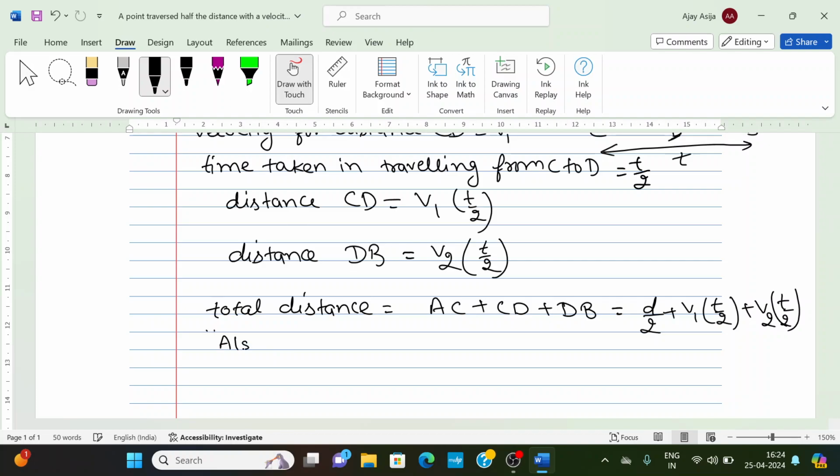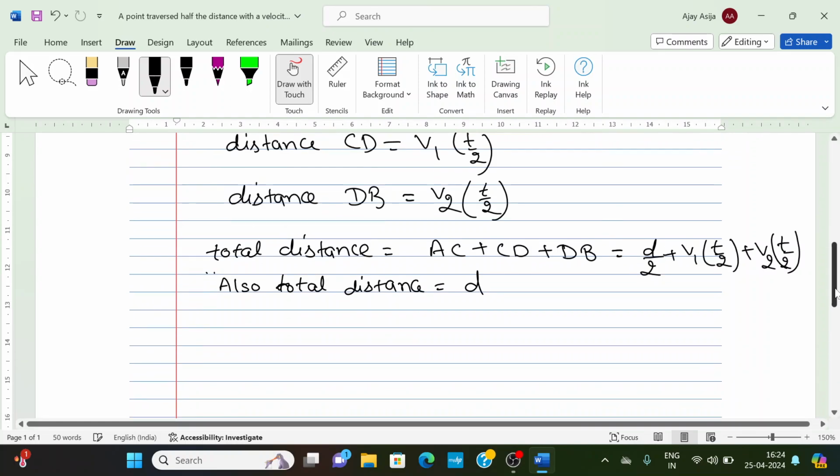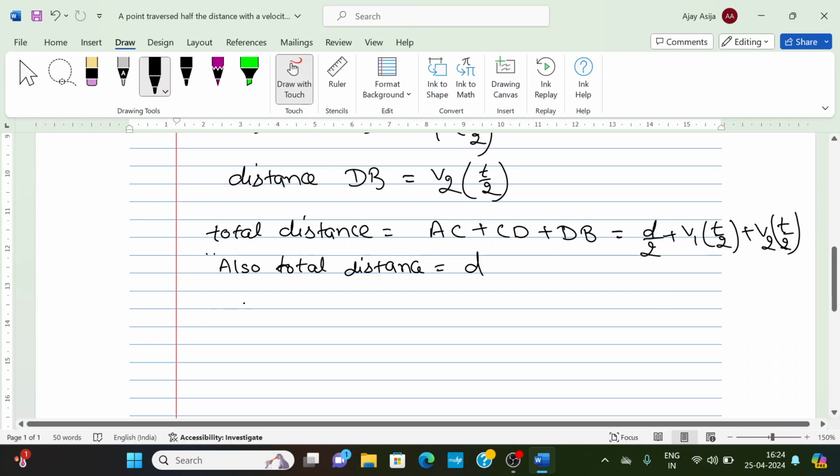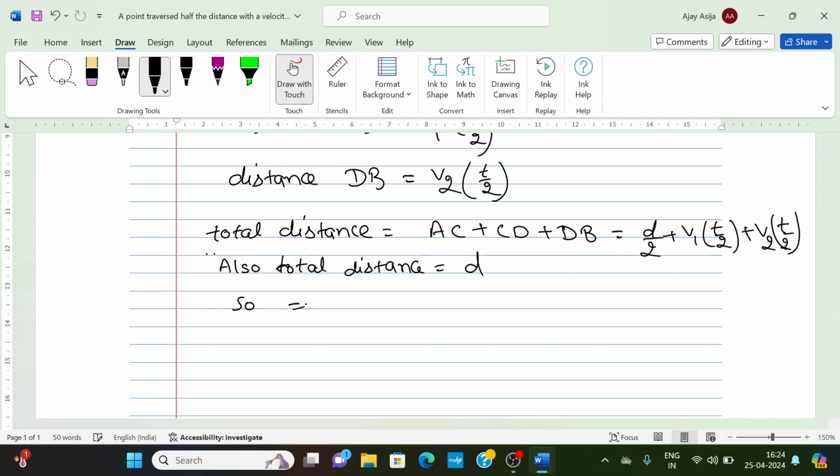Also, the total distance which we have considered was D. So it implies that D must be equal to D by 2 plus v1 into T by 2 plus v2 into T by 2.